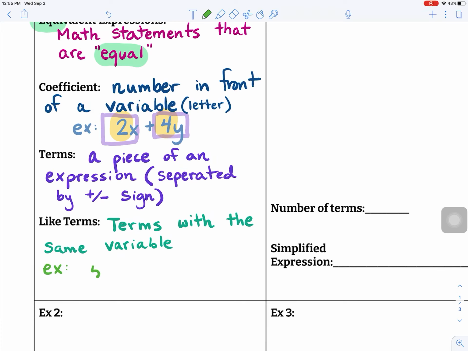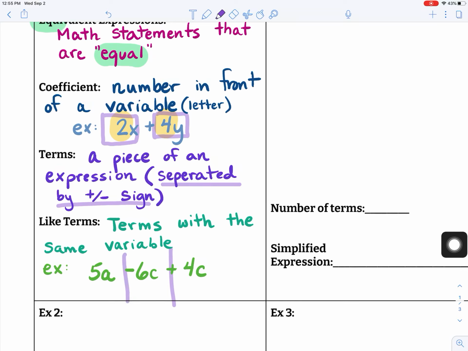So if, for example, I have 5a minus 6c plus 4c. First things first, I'm going to identify my terms. They're always separated by the plus or minus signs, right? So I see a minus sign here and a plus sign here, which means you can kind of picture it like these are the walls essentially. So I see a 5a, I see a 6c, I see a 4c.